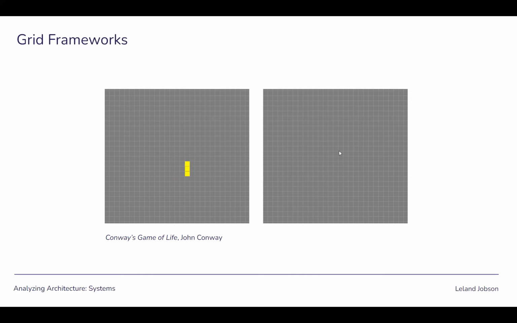So this is happening frame by frame. I think they're called generations or steps in a sequence. Each next step derives from the previous step by running the set of rules against these grid conditions, on or off.